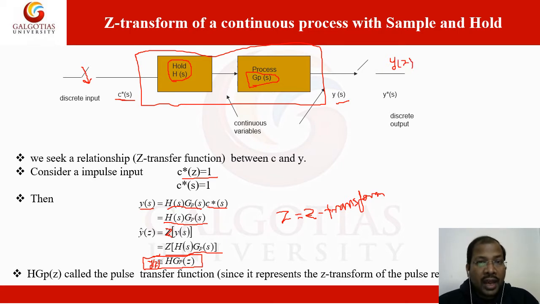So when we have a plant, and before the plant there is a hold circuit, we can write the overall output of the system in discrete form.